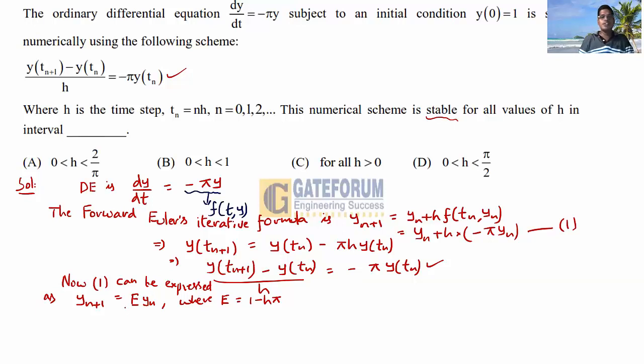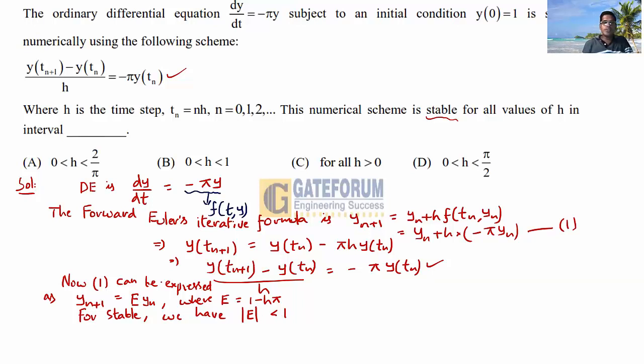Okay, so for stability, or stable, we have the condition mod E less than or equal to 1.